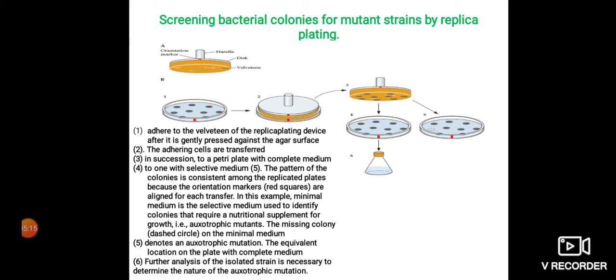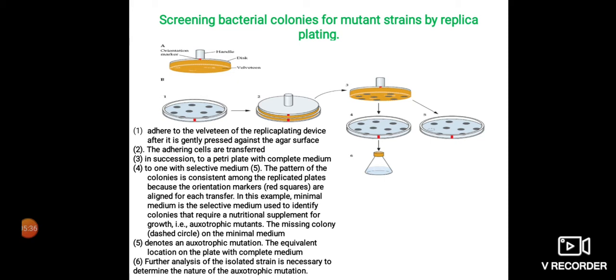They put that stamp onto the master plate, so that wherever the colonies are on the master plate, some cells of those colonies get adhered to the velvet sheet, and then that is stamped onto empty, non-inoculated petri plates.